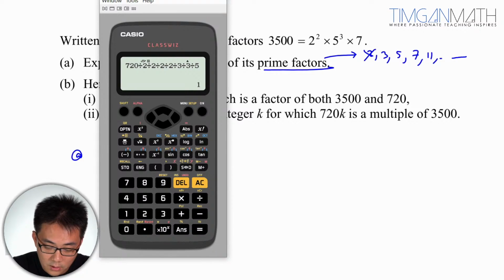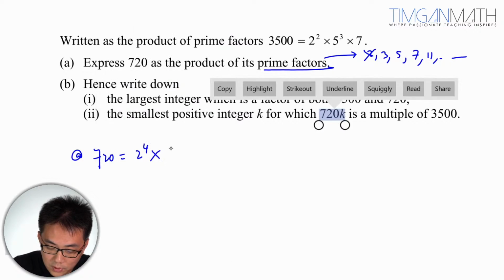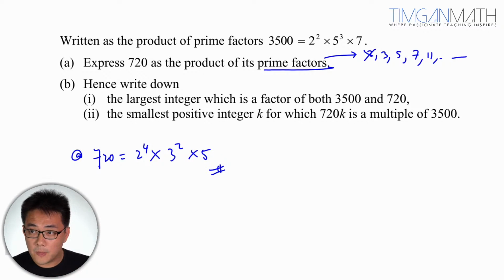So this will be 1, 2, 3, 4. So 720 is 2 to the power 4 times 3 squared times 5. Great, so I think this is pretty okay, not really an issue.